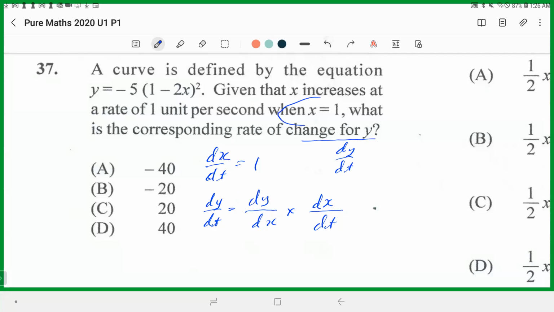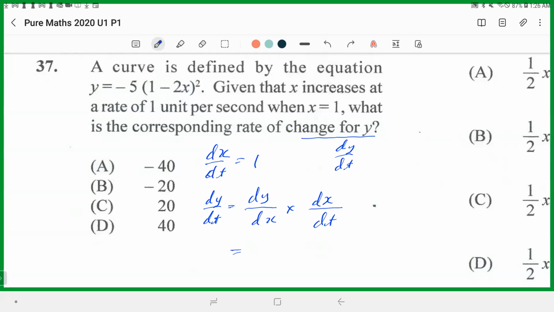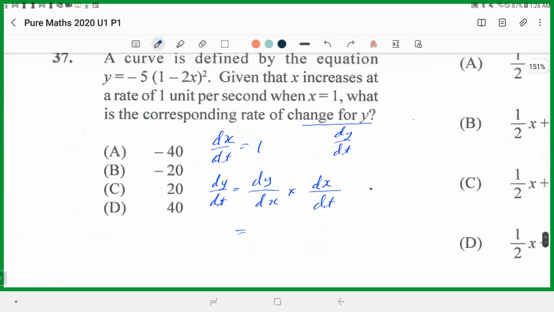And it says when x equals 1. We're going to differentiate the y up here. We're going to get minus 10 bracket 1 minus 2x, and we multiply by the differential of what's inside, which is minus 1, times dx by dt. They tell us right here that is 1. 1 times 1.